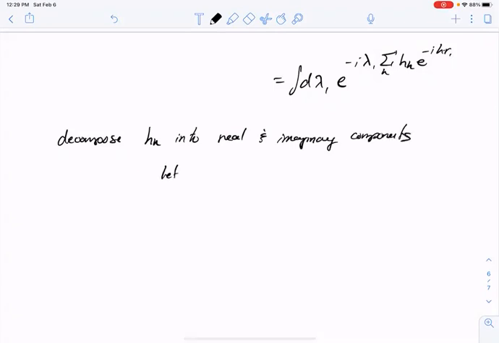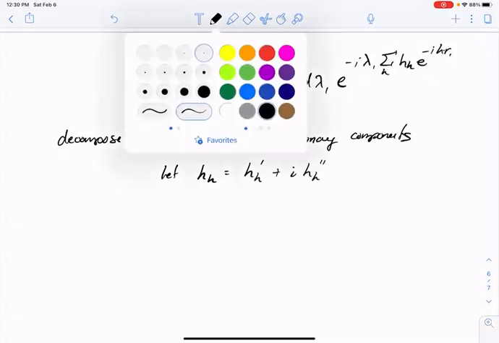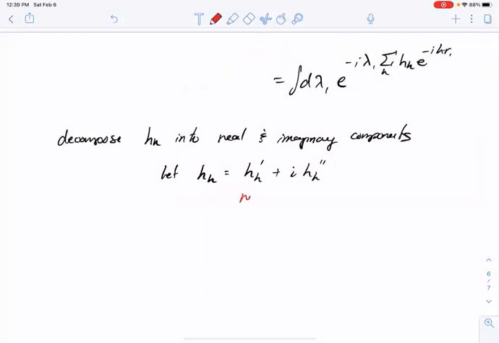So let h of k be h of k prime plus i h of k double prime, where h of k prime is the real part and h of k double prime is the imaginary part.